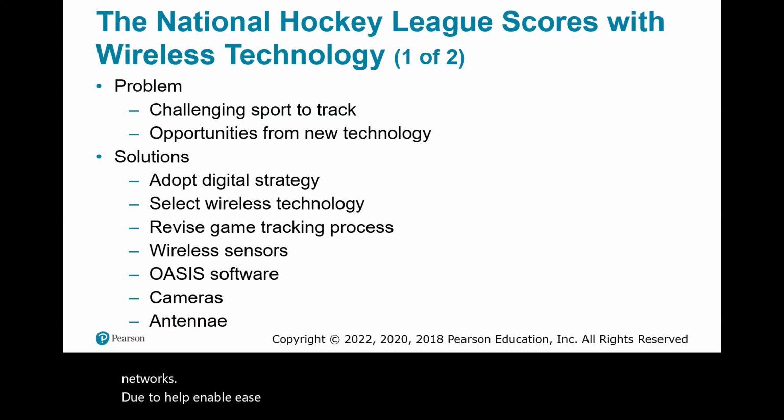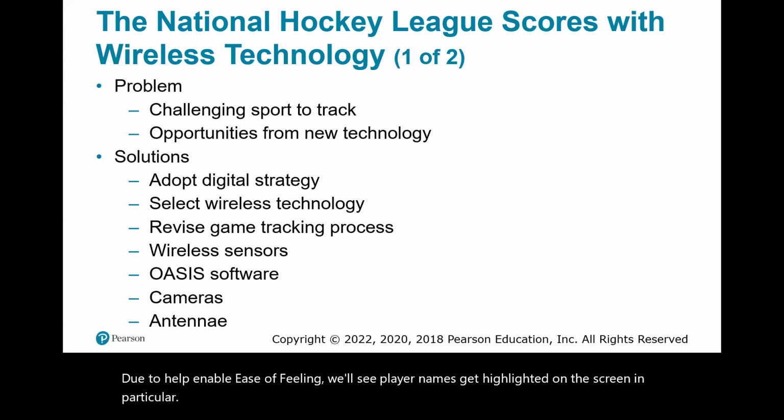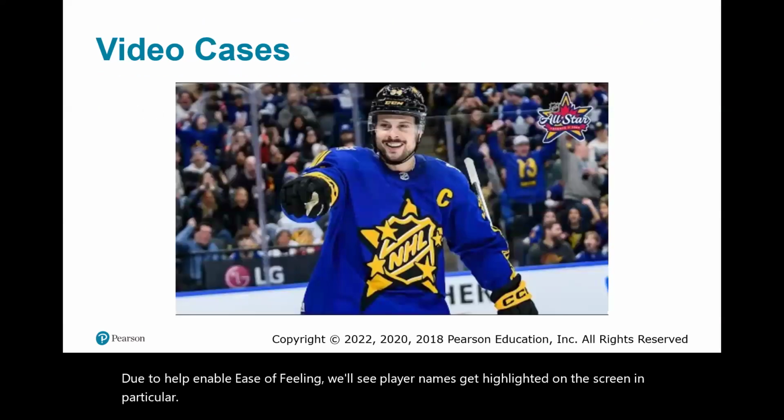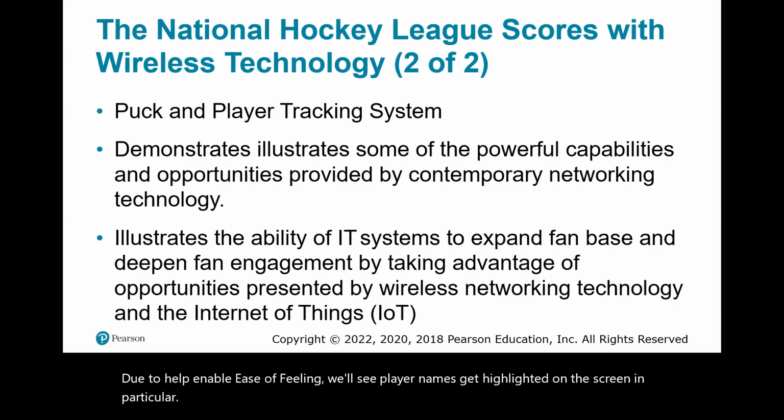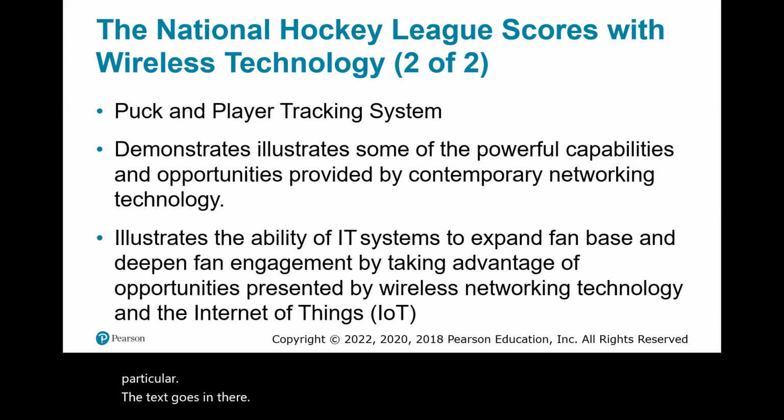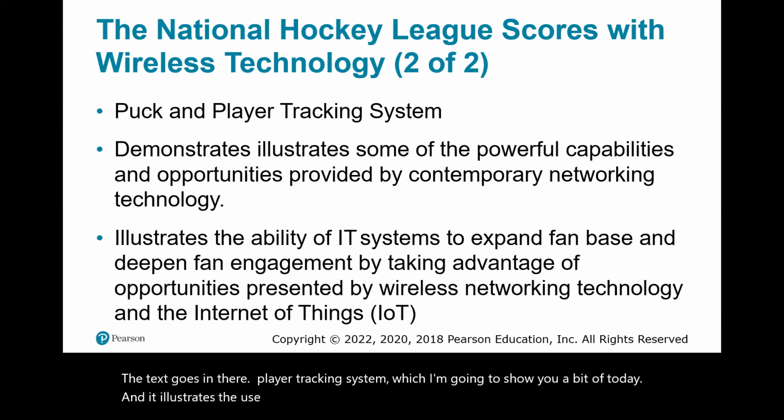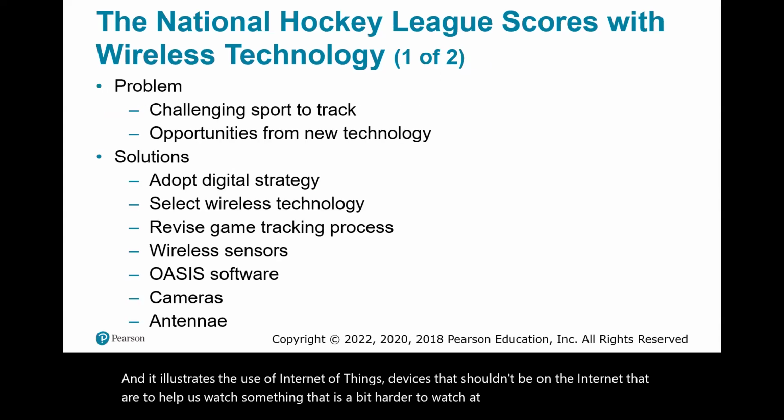We'll see player names get highlighted on the screen in particular. The text goes into their puck and player tracking system, which I'm going to show you a bit of today. And it illustrates the use of Internet of Things, devices that shouldn't be on the internet that are, to help us watch something that is a bit harder to watch at home.